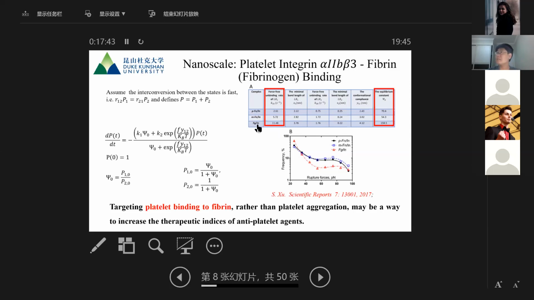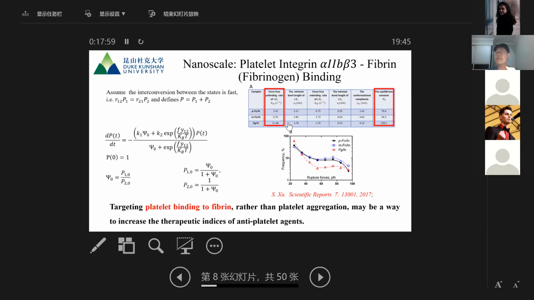This means that for the fibrin complex, the low affinity complex is hard to break. This is the first reason.